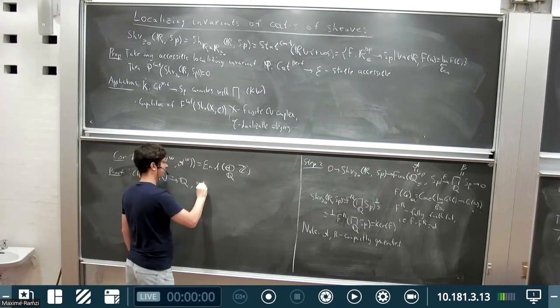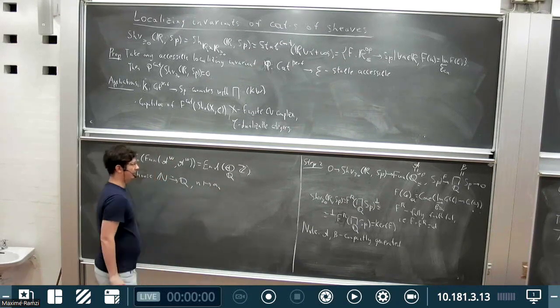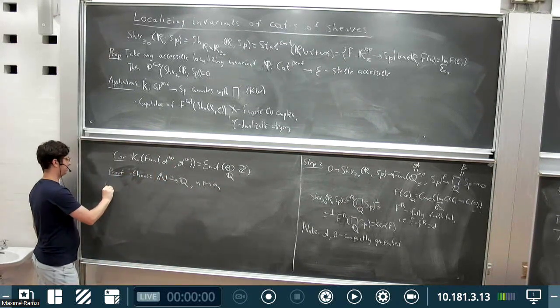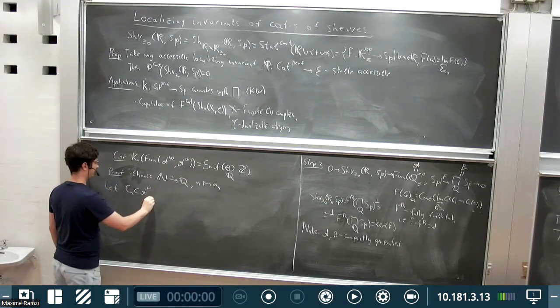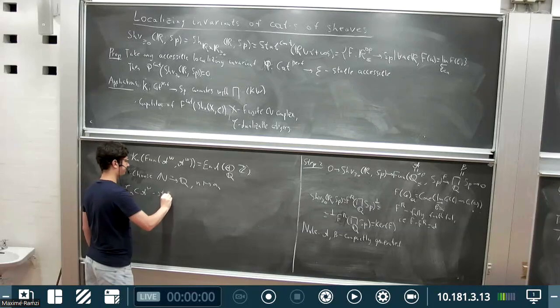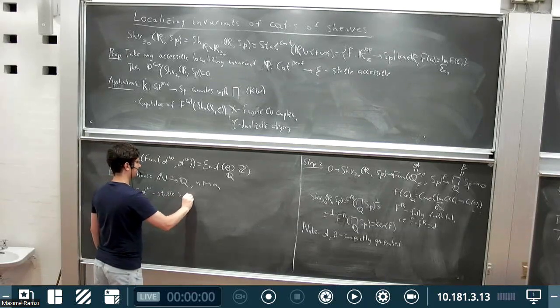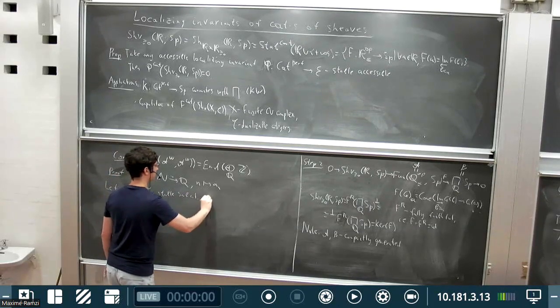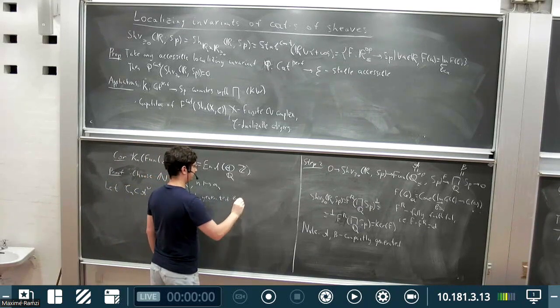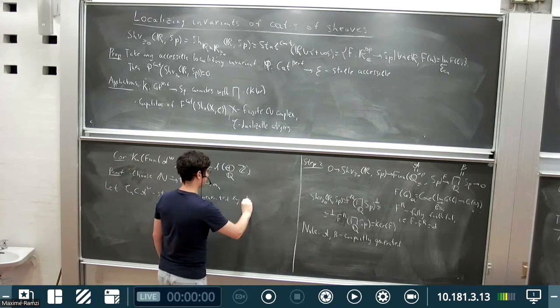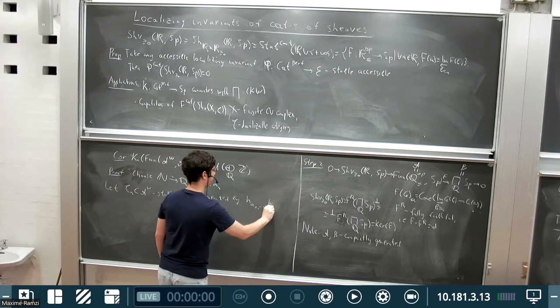So n goes to some an, and let Cn inside the omega-stable subcategory be generated by these representable sheaves h_a0, etc., h_an.